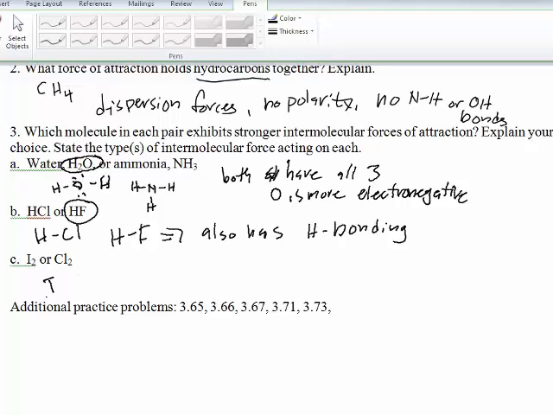The last one is I2 versus Cl2. Both of these molecules are nonpolar, right? They have the same element on either end of the bond. And so all they have are dispersion forces. And the way to distinguish which is the stronger dispersion force is decide which has more electrons, I2 or Cl2. Basically, we can look at the periodic table.